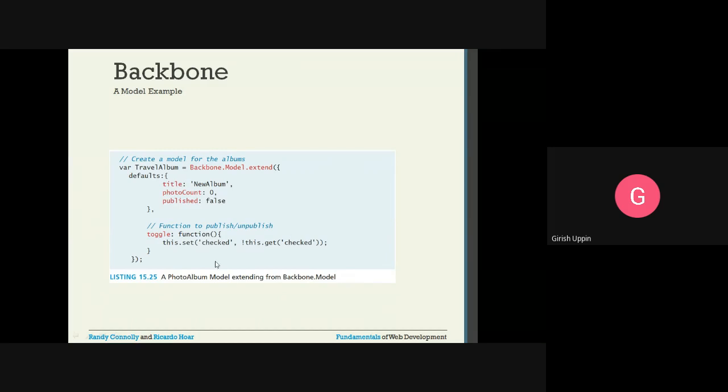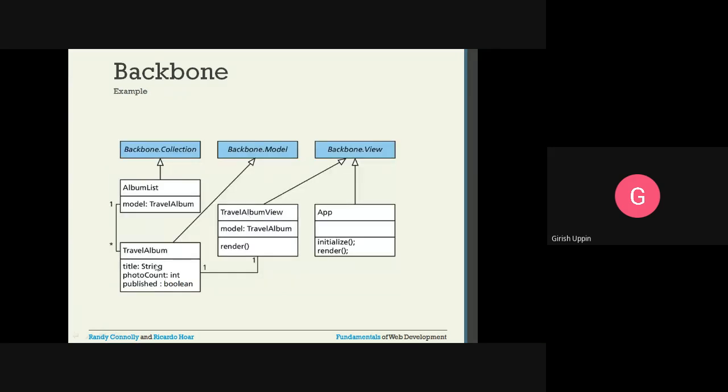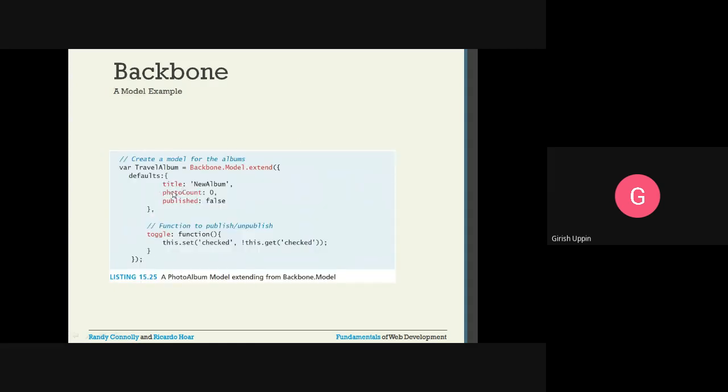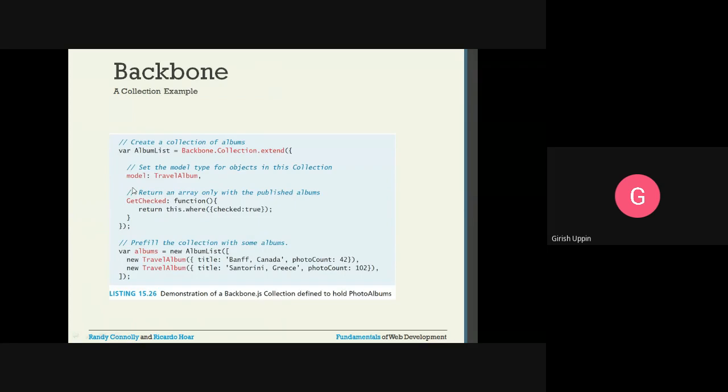This is the model example. Travel album. In the previous you saw a travel album. This is the model. In defaults we have title, photo, and published. Then the toggle function checked. This is how we create the model, and this is the collection, Backbone.Collection.extend, and we have model travel album.